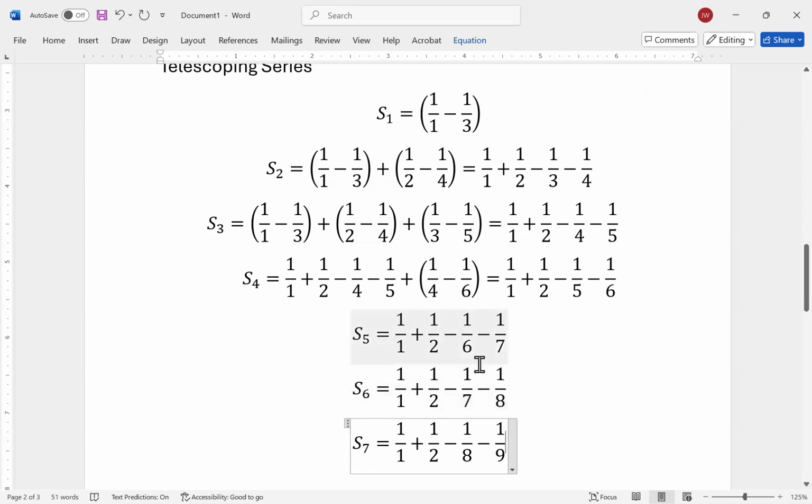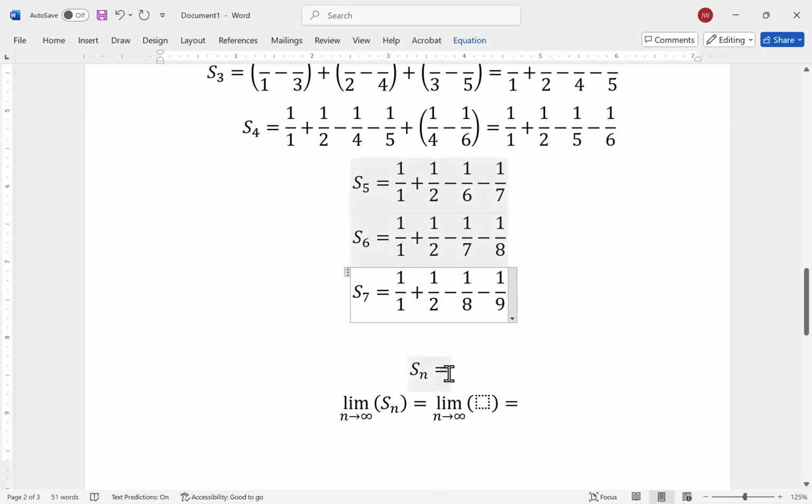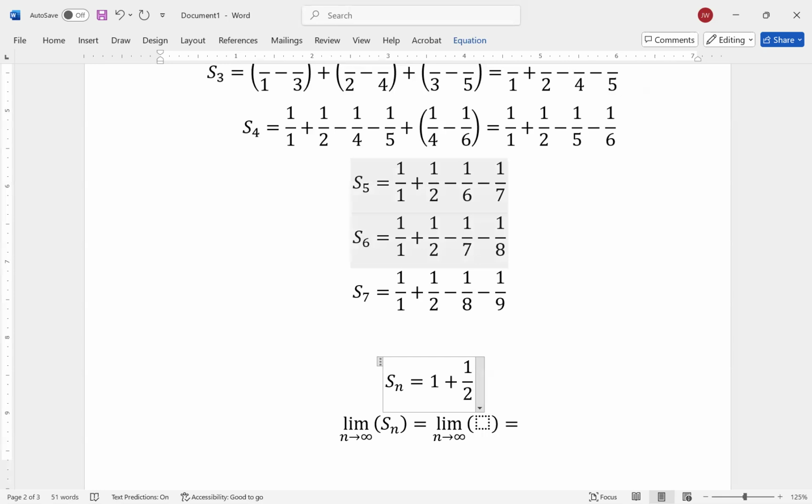So my S sub n is always 1 plus a half, and then minus 1 over n plus 1, and then minus 1 over n plus 2.